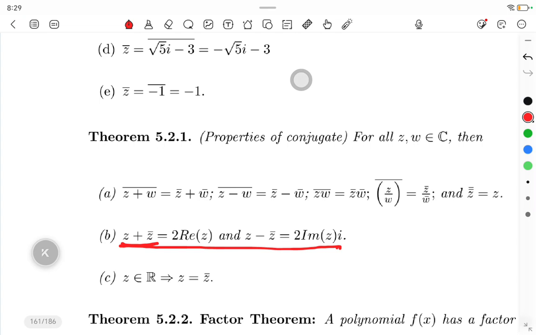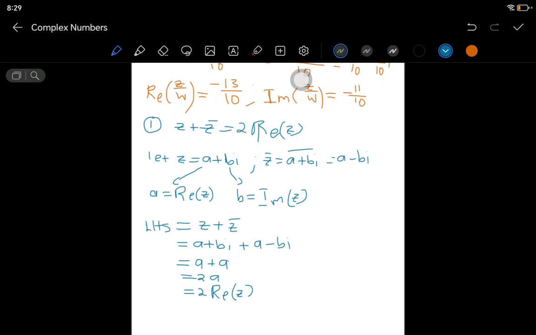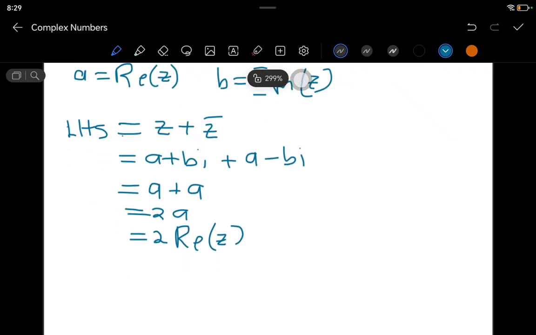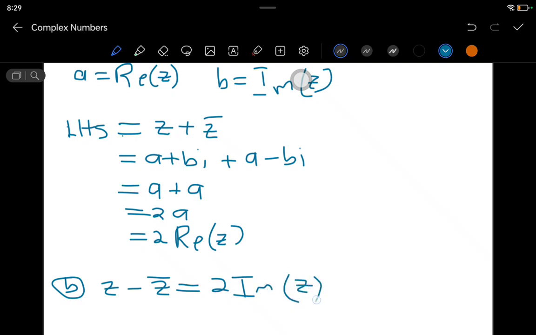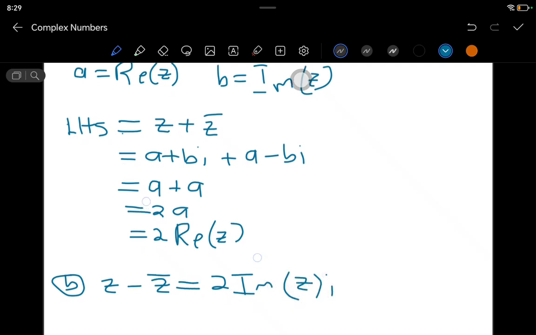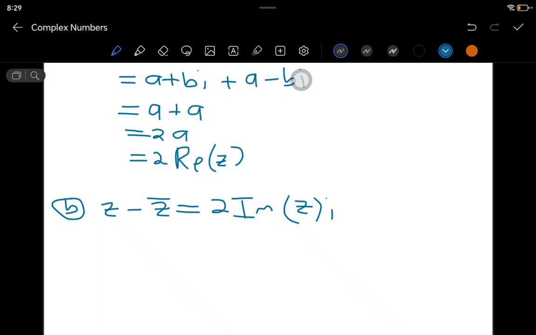We're trying to prove that Z minus Z conjugate is equal to 2 imaginary of Z I. So we're going to check the left hand side: Z minus Z conjugate, this is A plus BI minus the conjugate of A plus BI.